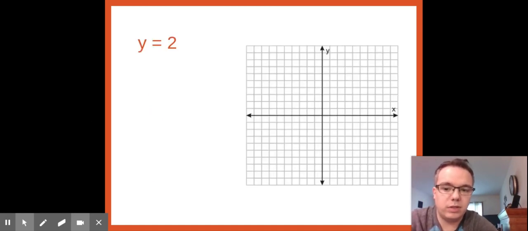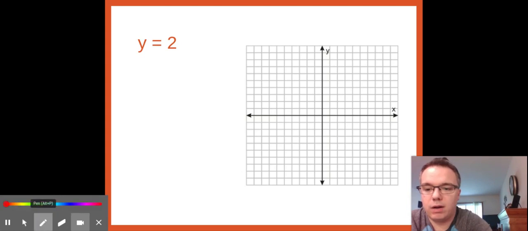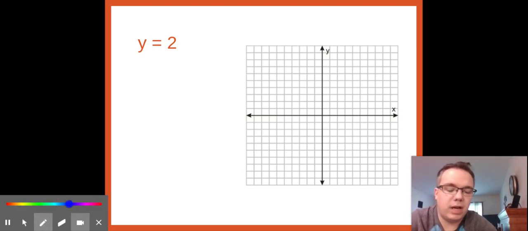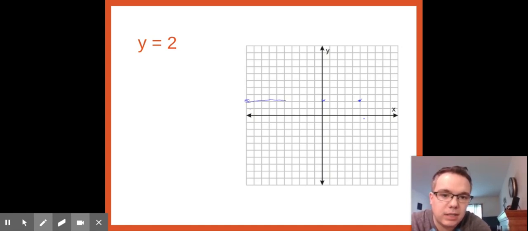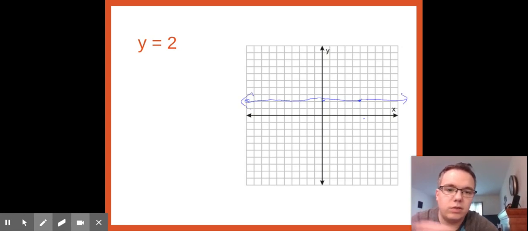So when y equals 2, if my y always equals 2, no matter what point I graph, I can graph 0, 2, I can graph 5, 2, I can graph negative 10, 2. All of my y's equal 2 and are going to make this horizontal line at a positive 2.